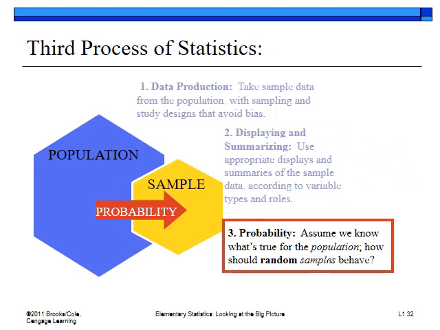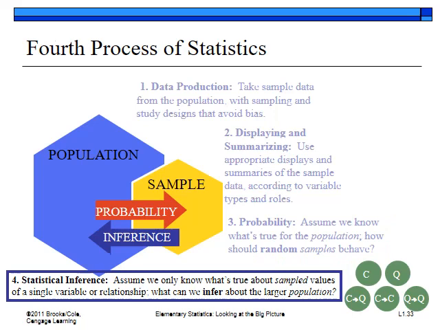The third process, probability, describes this situation. Assuming we know what's going on in the population, what will a random sample look like? That question is governed by the science of probability. Inference is in many ways the opposite of the third process.